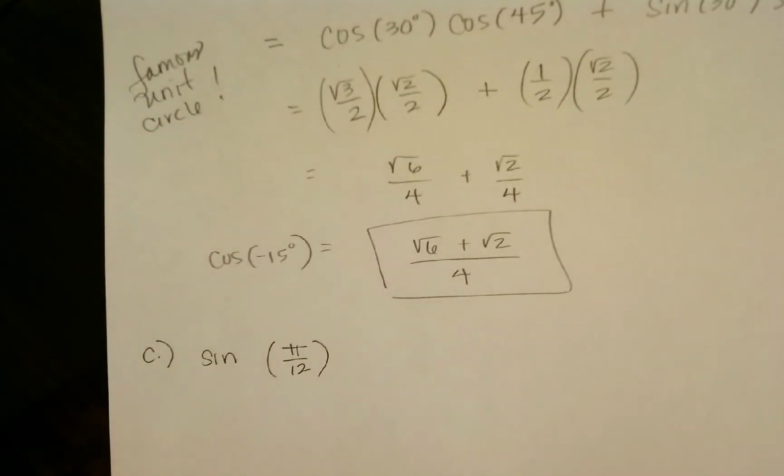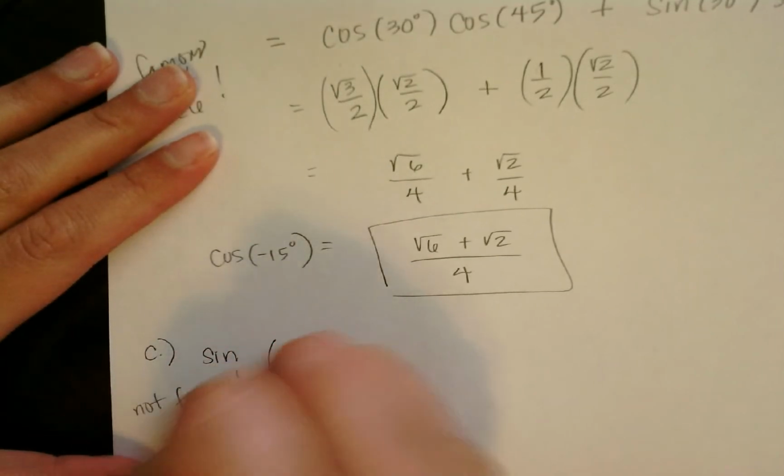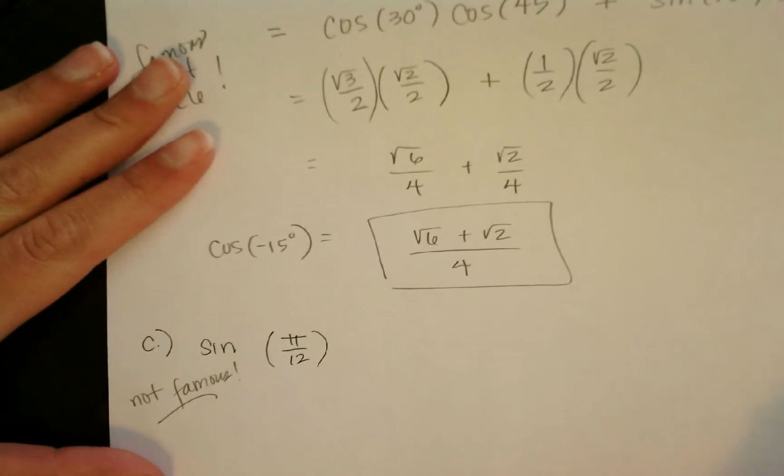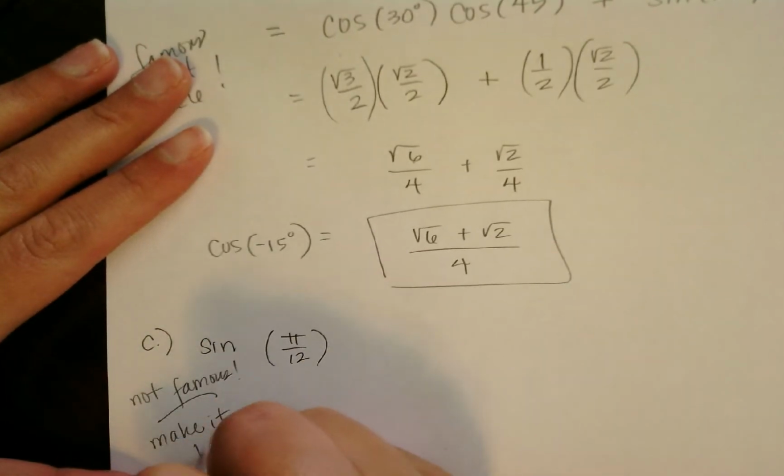Now it's a little bit harder, because now you have to make pi over 12 famous, because it's not famous. And we can't build it in a triangle because we don't have any other information. Okay, so make it using famous angles.